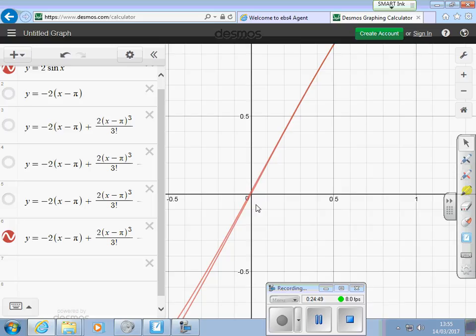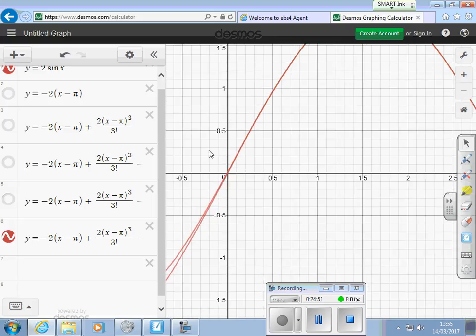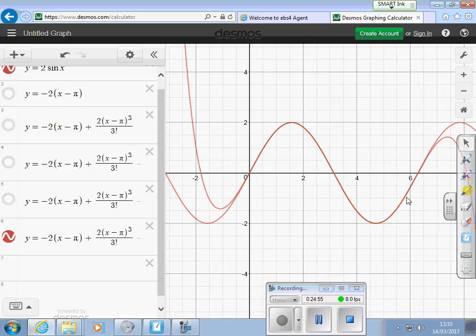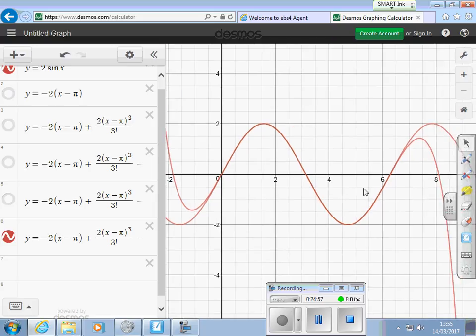Okay. The same as the calculator. They are equivalent if you use them.